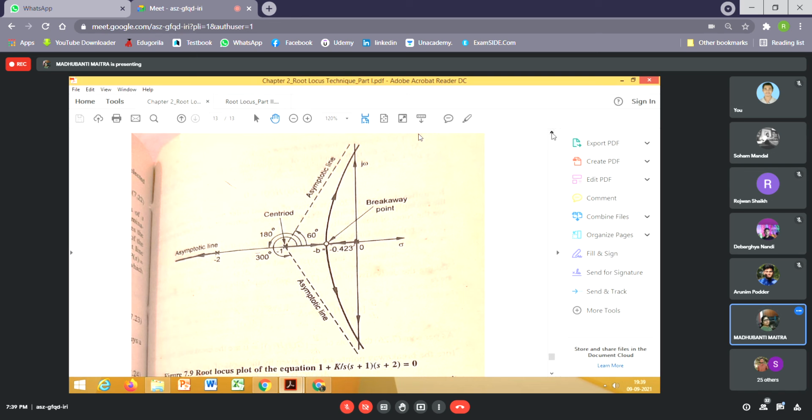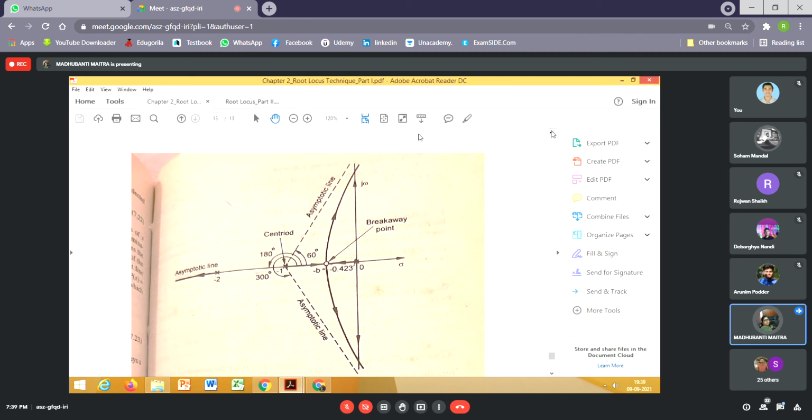And if we compare this root locus with the previous one, for a certain value of gain k, these two root branches intersect the imaginary axis, isn't it? These are the points of intersection, which are again symmetrically located.